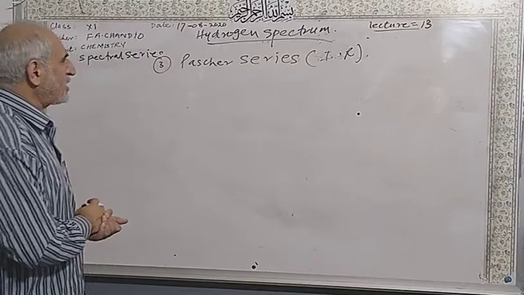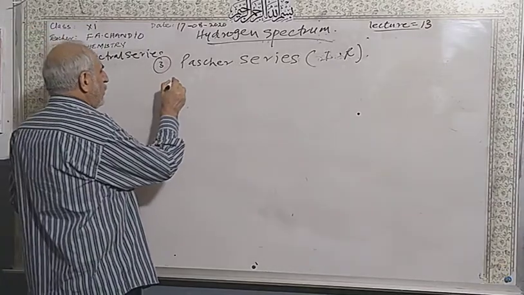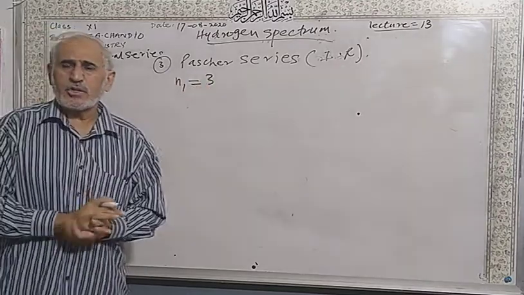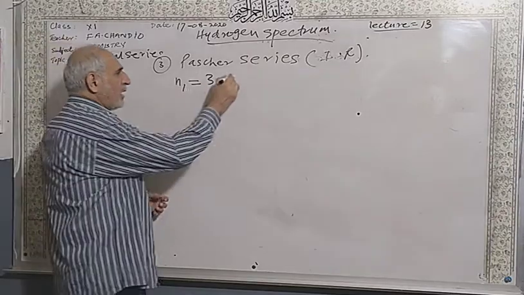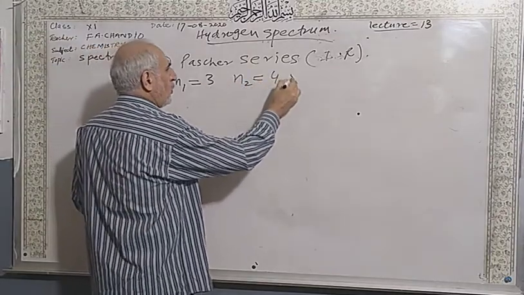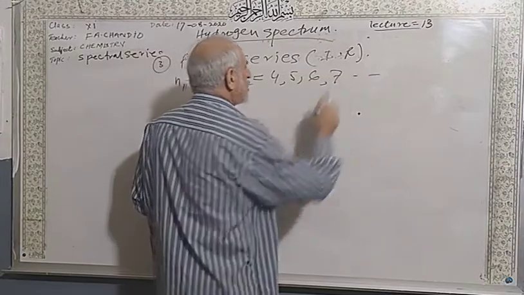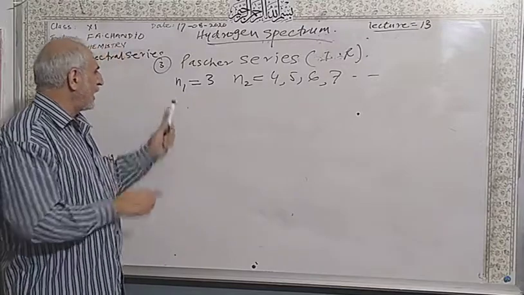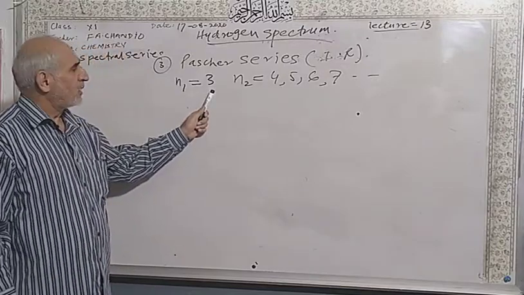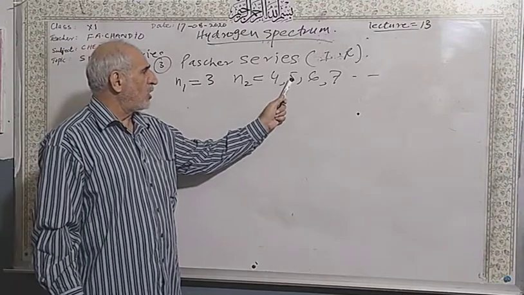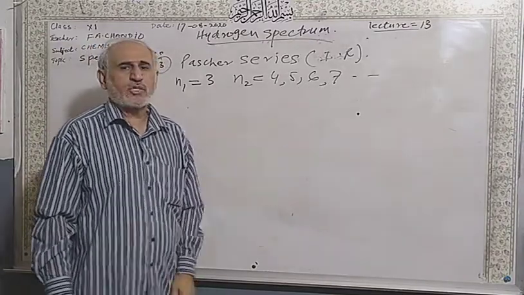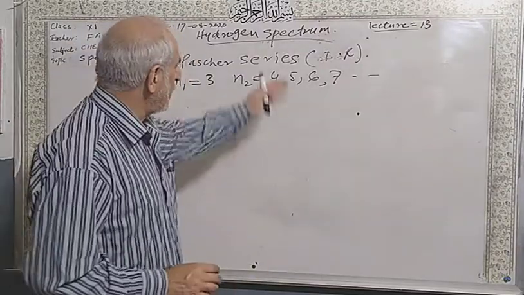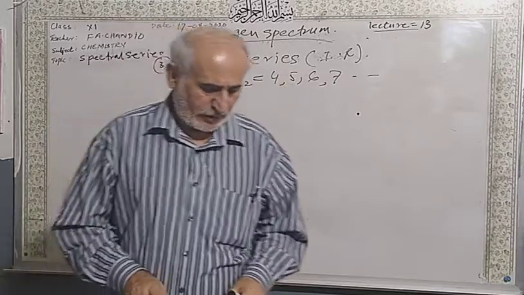So this is the Paschen series which is present in the IR region, and n1 must be 3, and n2 is 4, 5, 6 and 7 and so forth. For n1 equal to 3, the first line of n2 is 4, 5, 6 and 7 and so forth. So you have to calculate by using the formula. So this is in the infrared, Paschen.